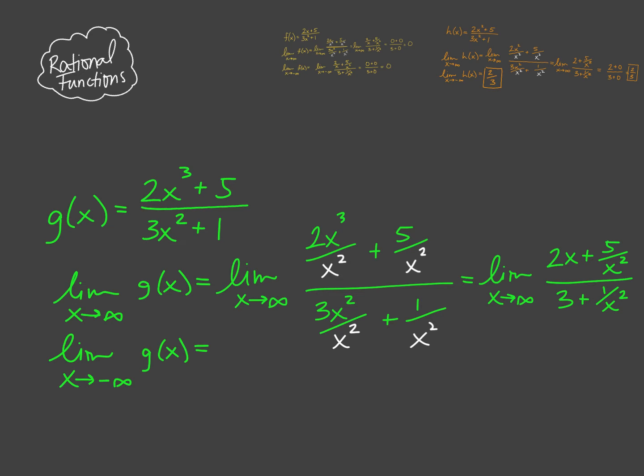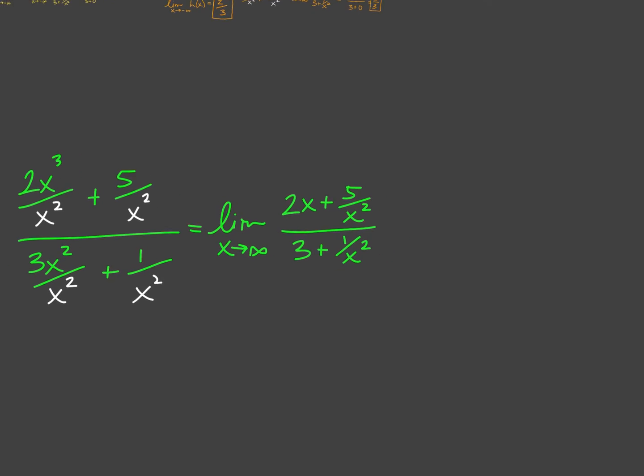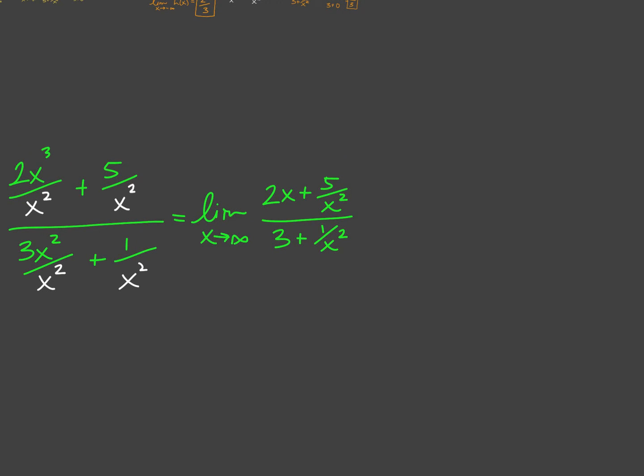Well, let's see what happens to each one of these terms as x gets very large. Our first term, we might be able to say that it goes to infinity. I mean, if we're saying the limit as x approaches infinity of 2 times x, well, as x gets very large, 2 times x is also getting extremely large. So we could essentially say that this is basically infinity.